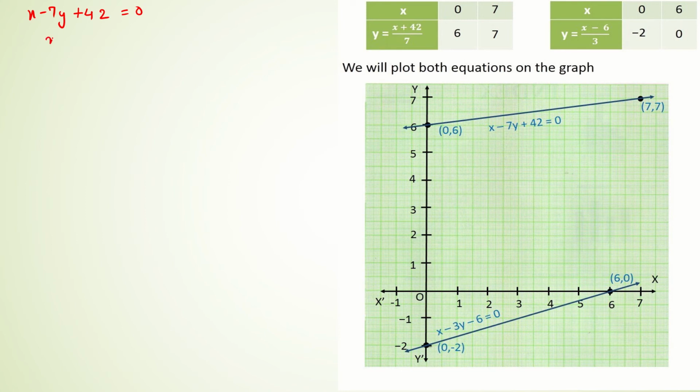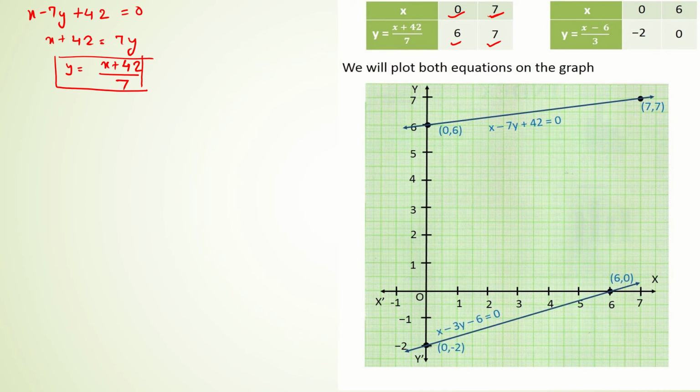After solving it, we get y equals (x plus 42) by 7, and by taking different values of x we can obtain different values of y. That means when the value of x is 0, the value of y will be 6, and when the value of x is 7, the value of y will be 7.